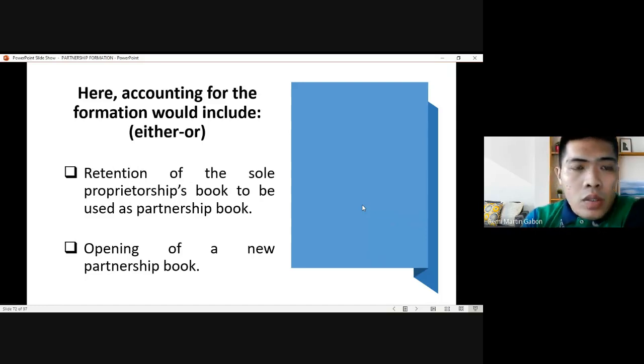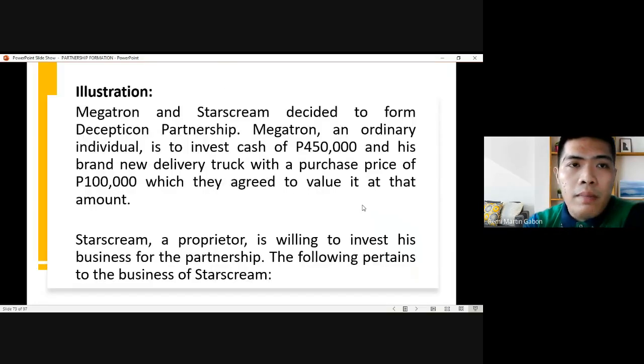So first, we can assume there is retention of the sole proprietorship book to be used as the new partnership book, or the partners can agree to open a new partnership book, and set aside the sole proprietor's book. Okay? So let's try a problem.